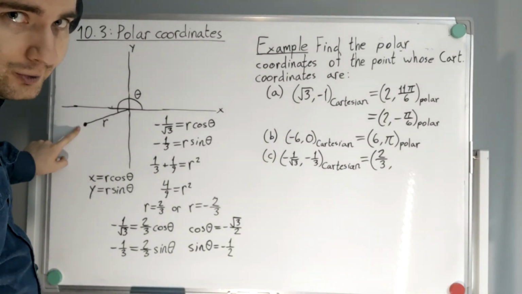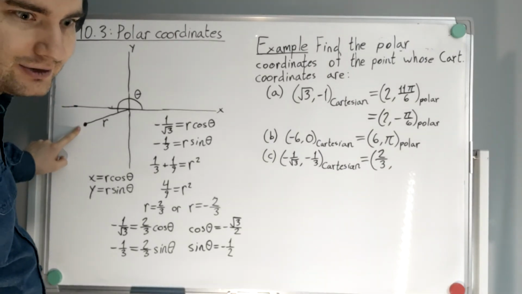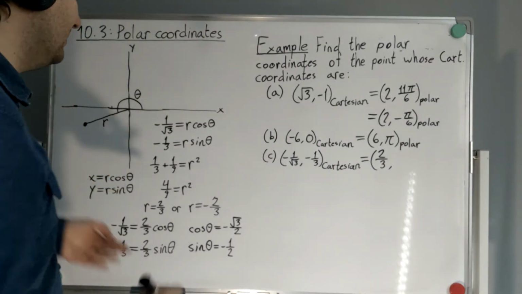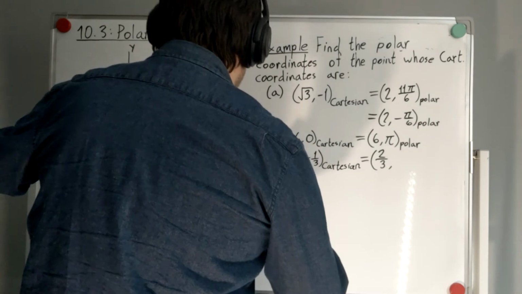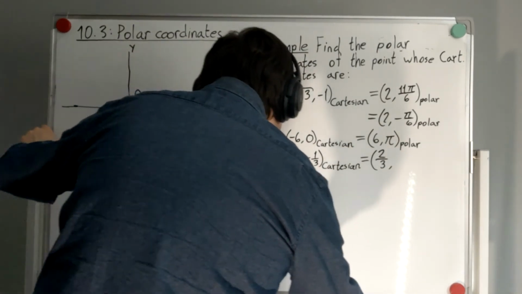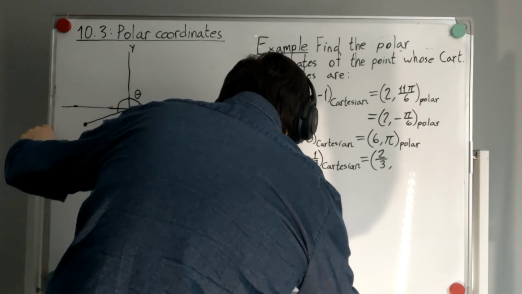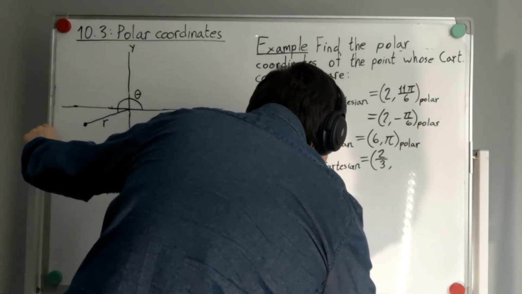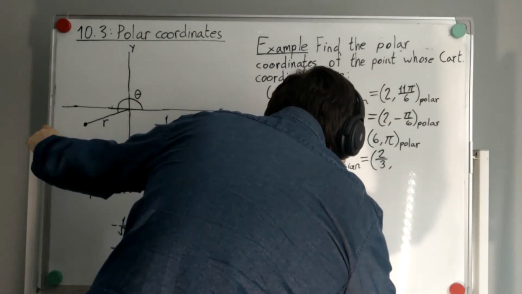Of course, we're going to want the one that corresponds to the quadrant we want, but algebraically, we can think of this as having two solutions: 5 pi over 6 or 7 pi over 6.